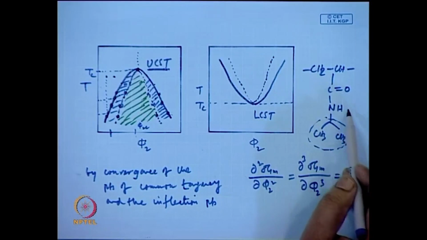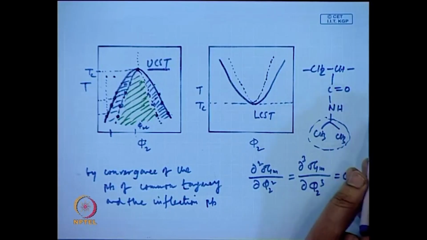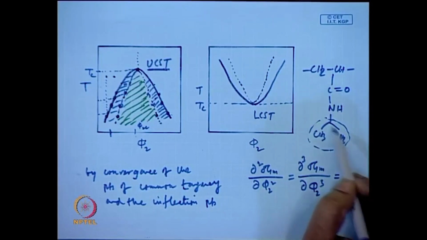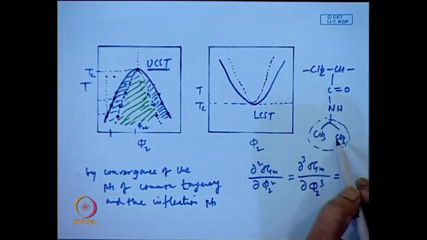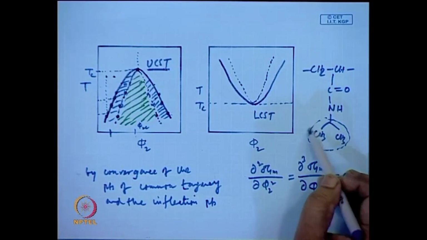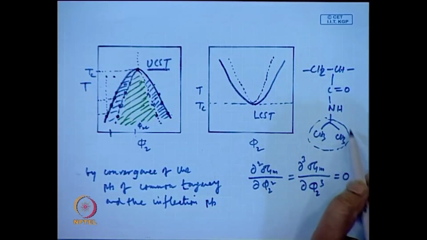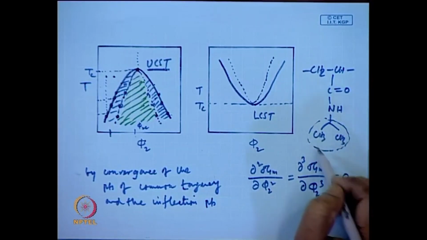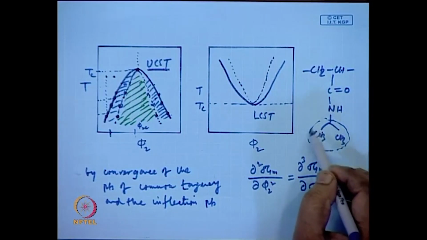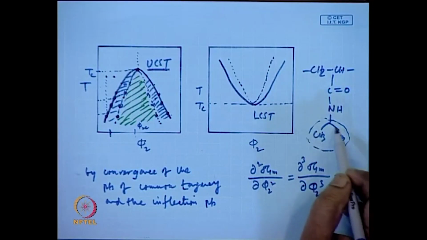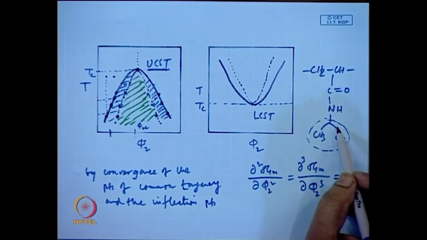These two groups participate in hydrogen bonding with water, but because of this hydrophobic group, to hide these hydrophobic groups from water, the water molecules form a structure around this hydrophobic group, which we call hydrophobic hydration or cage formation, and as a result you get a negative entropy.